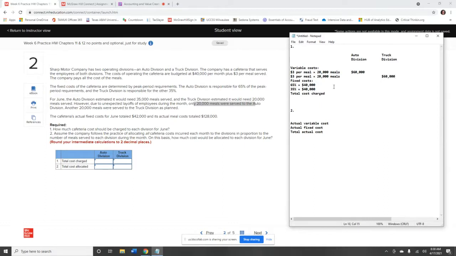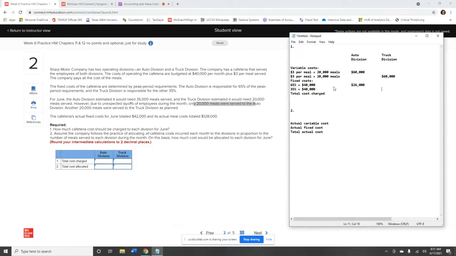So on fixed costs for auto, right, we were saying fixed costs are 40 times 65%. So 40 times 0.65 is equal to 26,000. All right, and we're saying for truck, they get 35% of the charges.